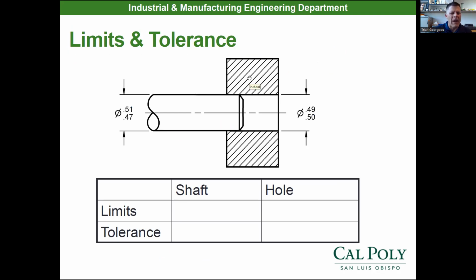For my shaft, I have 0.51 to 0.47, and for my hole, I have 0.50 to 0.49. The limits of the shaft are 0.51 to 0.47, you see that? And then 0.50 to 0.49. The tolerance is 40 thou on the shaft and 10 thou on the hole.